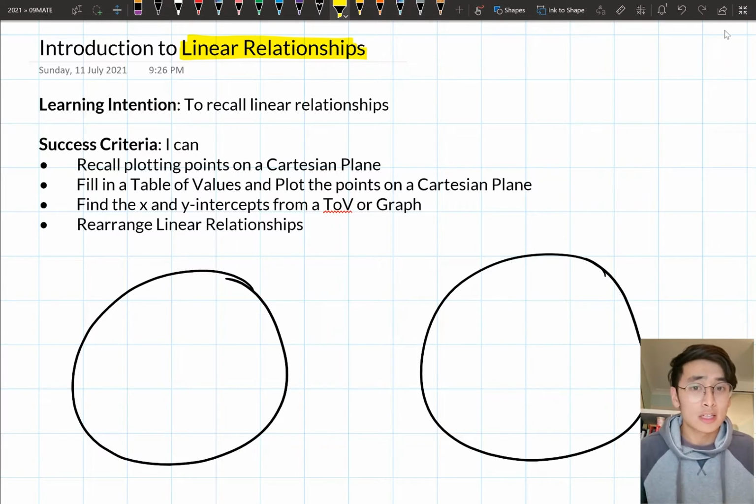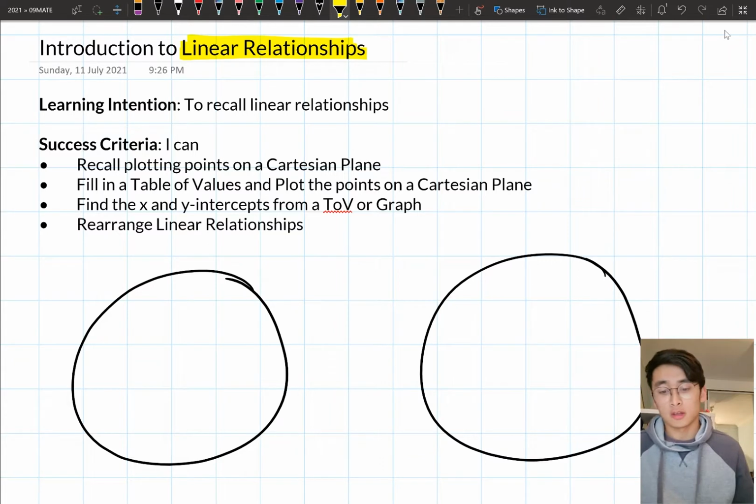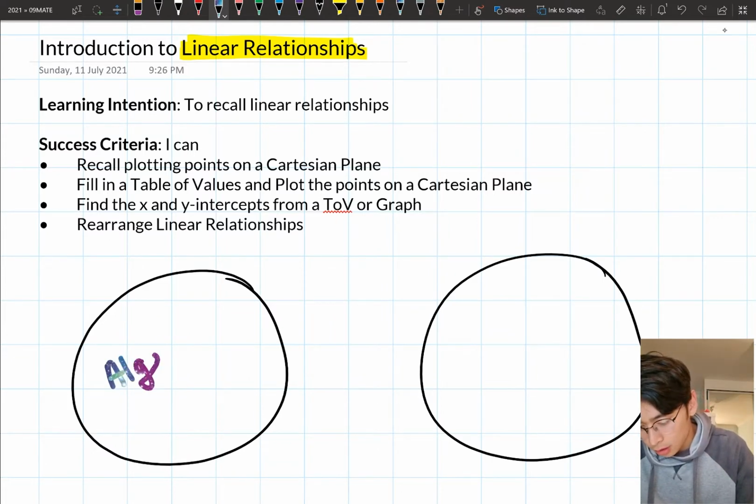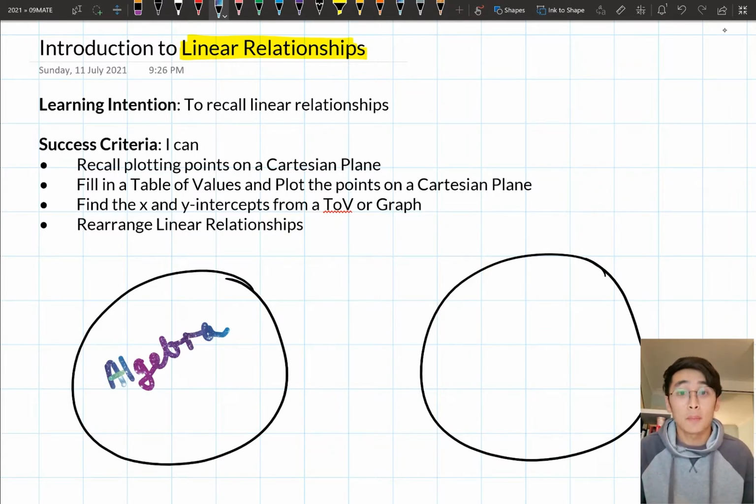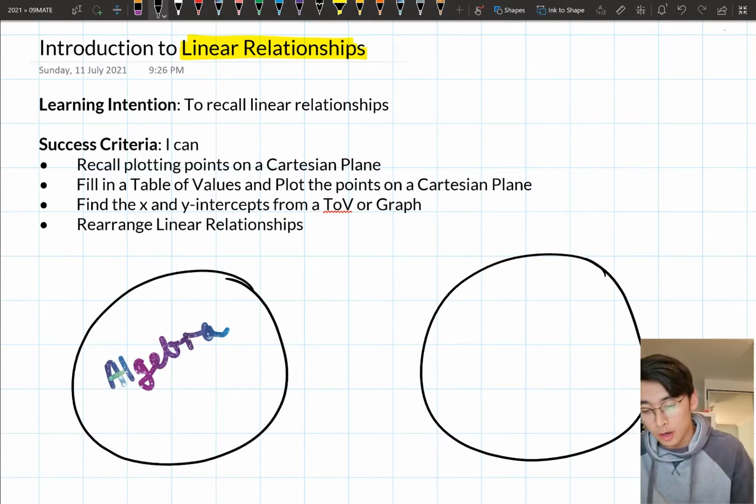Now, to give you an idea of what this topic of linear relationships involves, I want to draw some connections with another topic you've looked at earlier this year. The topic that you looked at earlier this year was algebra. So earlier this year, you looked at algebra with Mr. Noakes. And so, for example, you were able to solve equations.